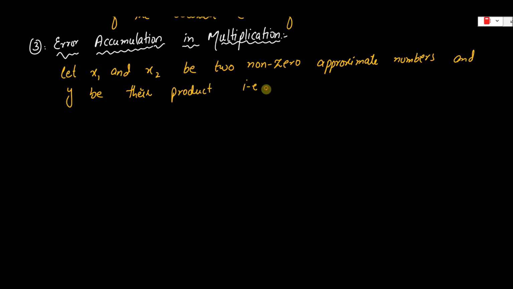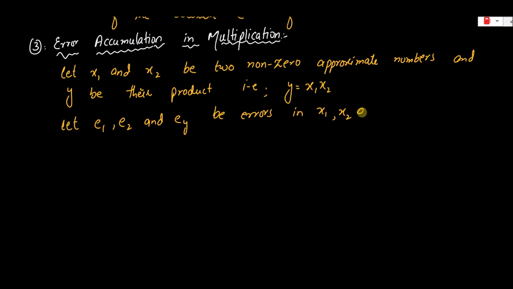That is, y is equal to x1 x2. Secondly, let e1, e2 and ey be errors in x1, x2 and y respectively.